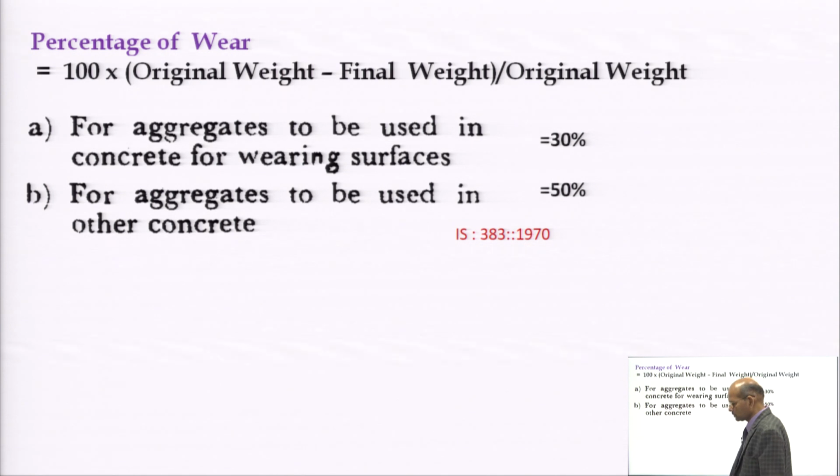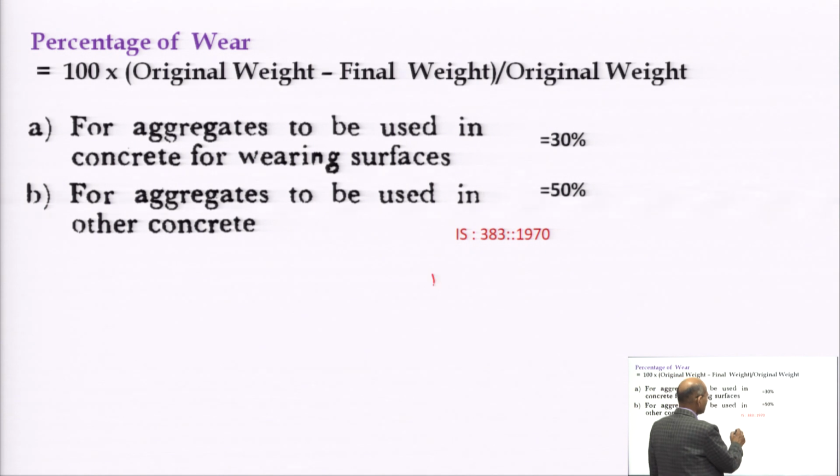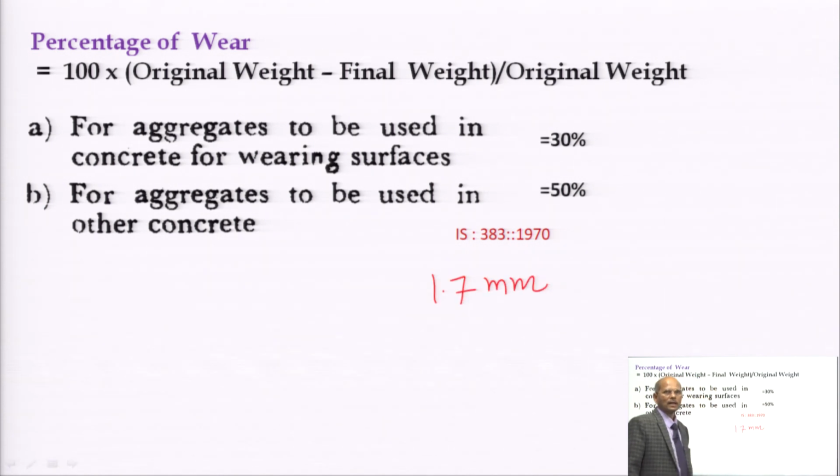So, what we have to do after the abrasion, we have to take the material out and then sieve it through 1.7 mm sieve, okay. And whatever material remains, that also you have to wash properly, so that there should not be any error in that.